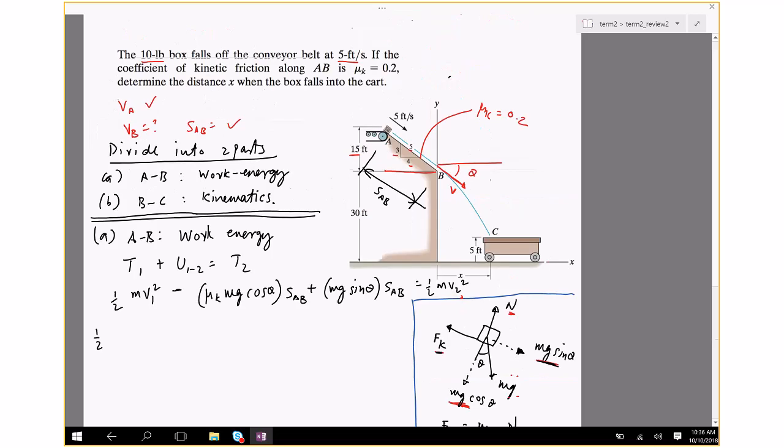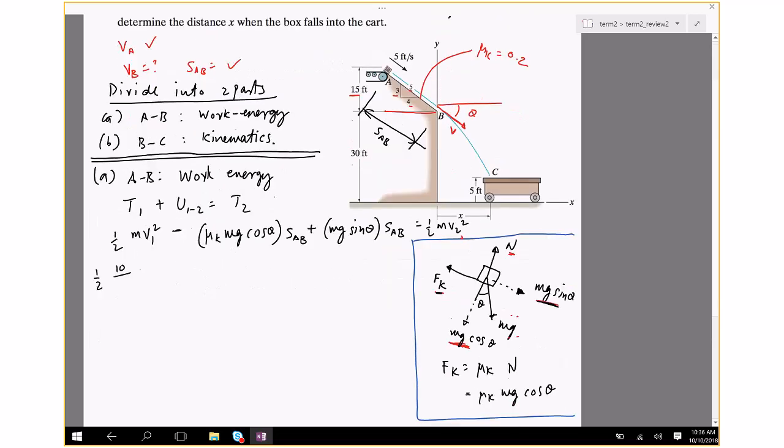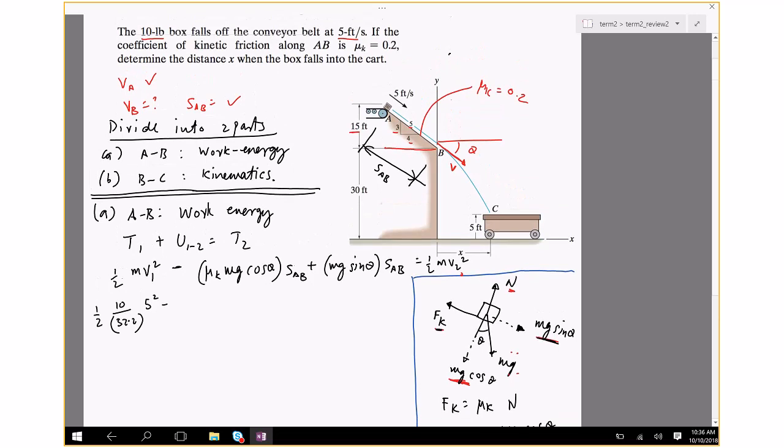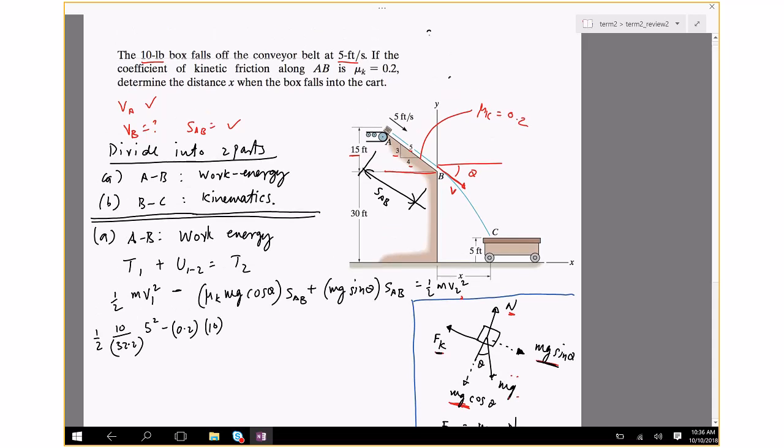M is 10 divided by 32.2. V1 is 5 square minus mu k is 0.2. Mg is 10. Cosine theta. You can write cosine theta here. Sine theta.